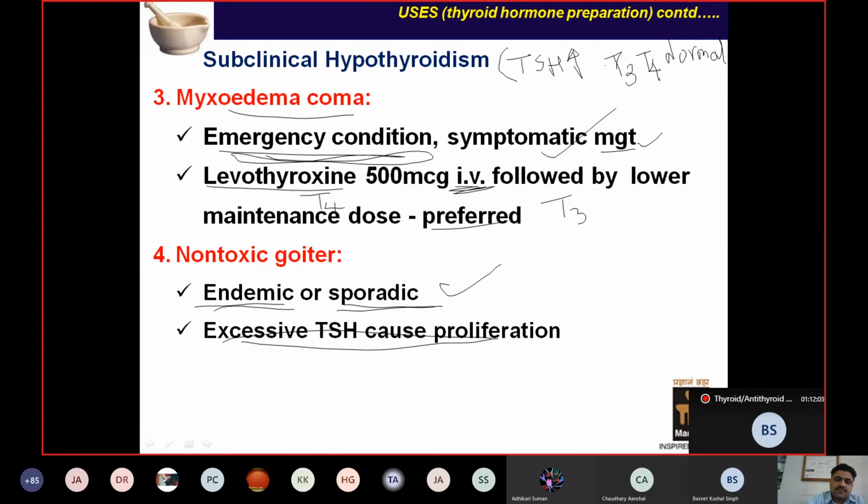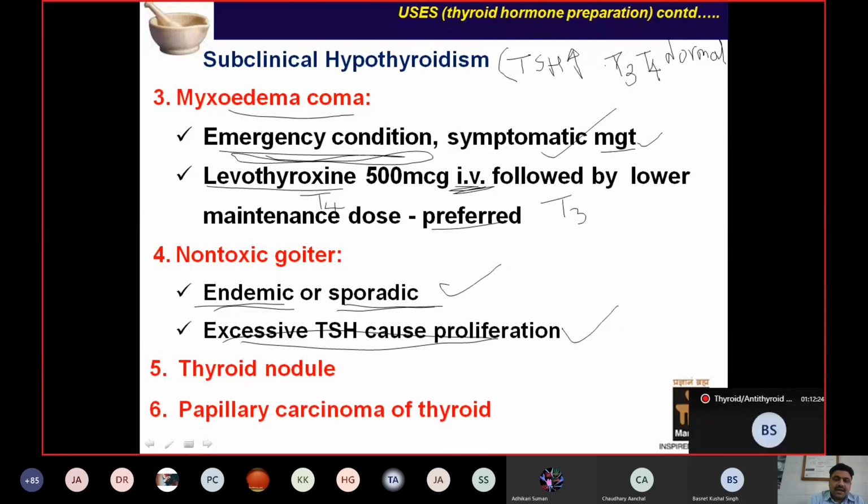Excessive TSH will cause proliferation, so the mass of the thyroid gland increases. That is goiter. In that case also we can use thyroid hormone. Similarly for thyroid nodules, especially to decrease the level of TSH. And even in papillary carcinoma of the thyroid, this thyroid preparation could be used.